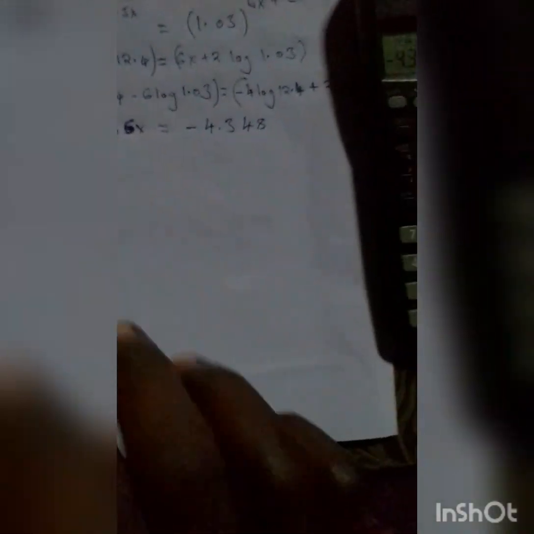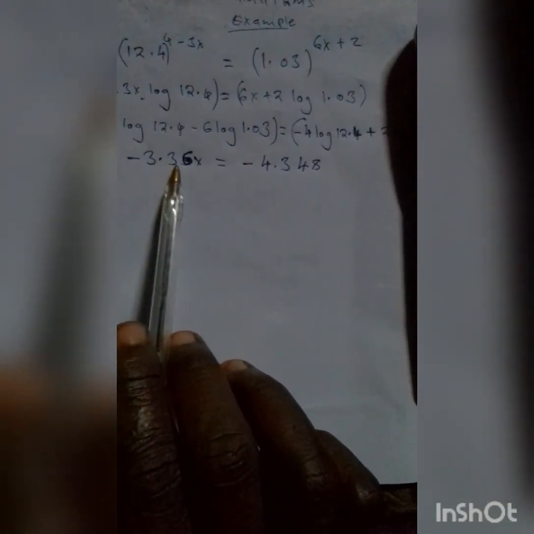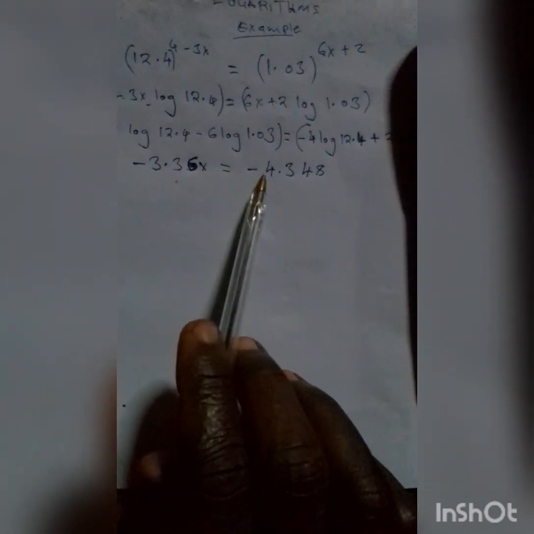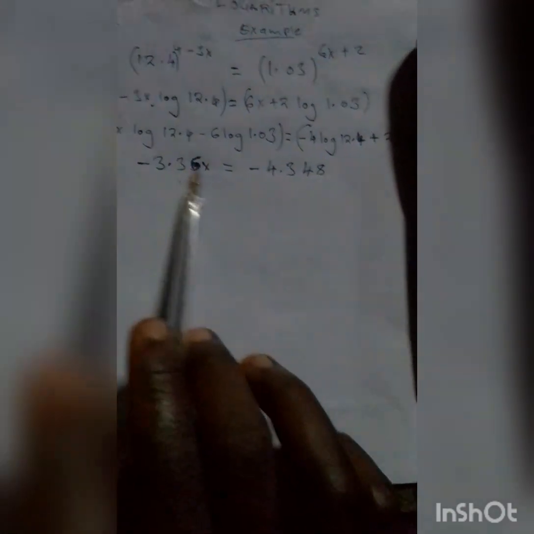Then when you just read at this stage now, this is negative 3.36x equals negative 4.348. Now we want to solve the value of x, or to remain with x.